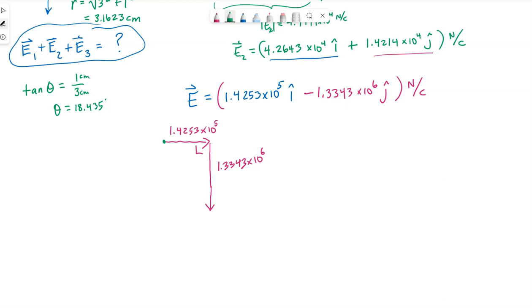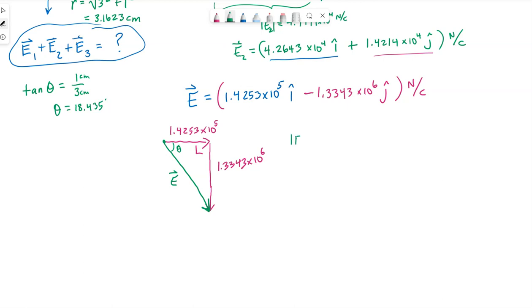We want this total overall magnitude, meaning how long is this vector I've just drawn? This new vector I've drawn represents the overall electric field at that point. So the magnitude is the length of that vector, and then we need direction as an angle.